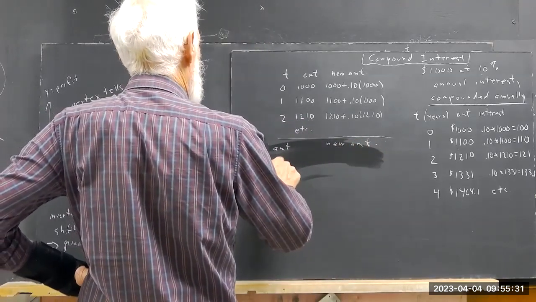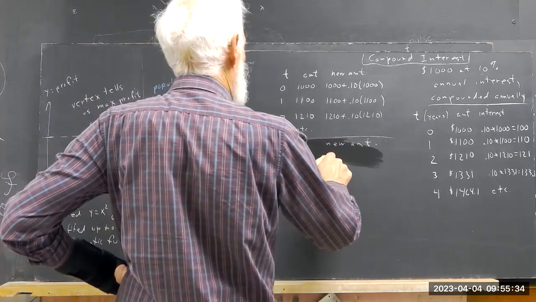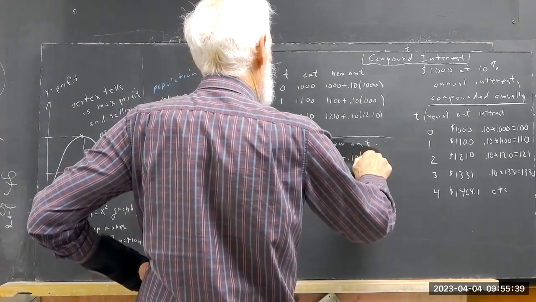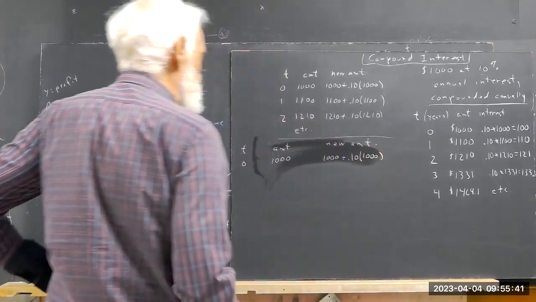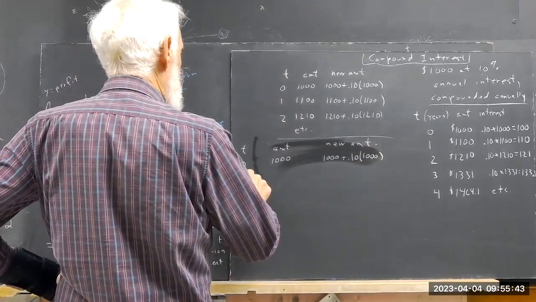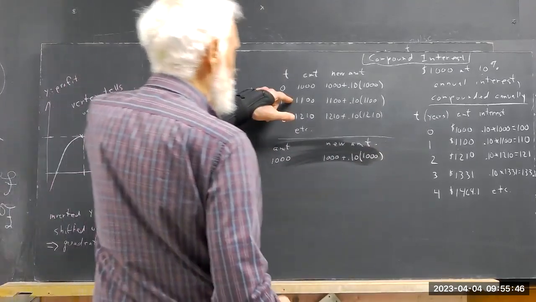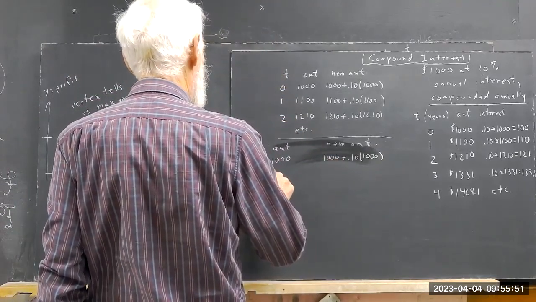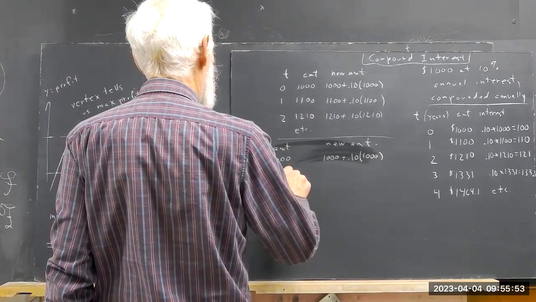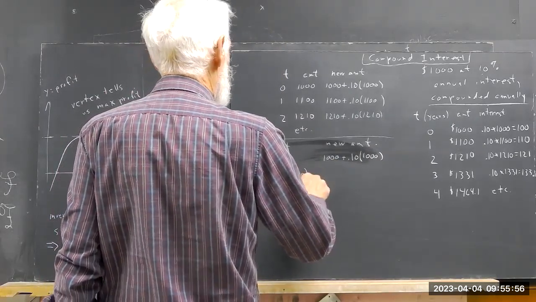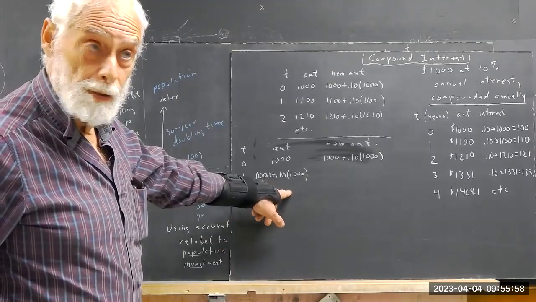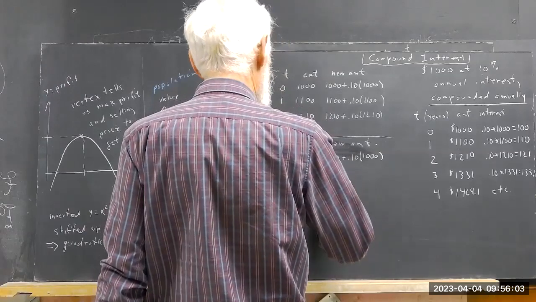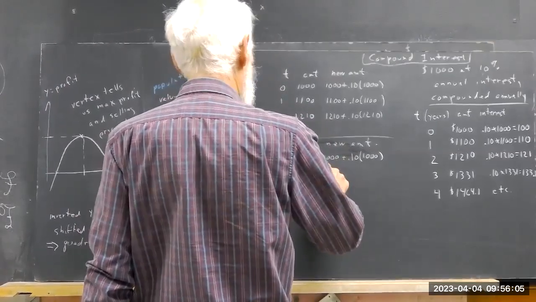Okay, so my amount is $1,000. My new amount is $1,000 plus 0.10 times $1,000. So after year one, what's my amount? Well, it is $1,100, but I'm going to write this, it's 1,000 plus 10% of 1,000, okay? So now my new amount is going to be my old amount, which is 1,000.